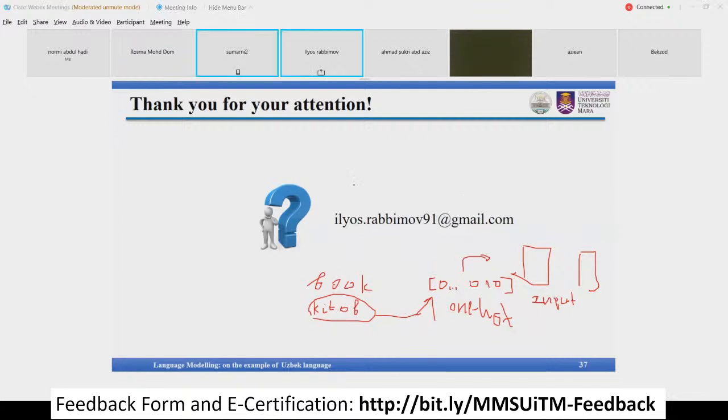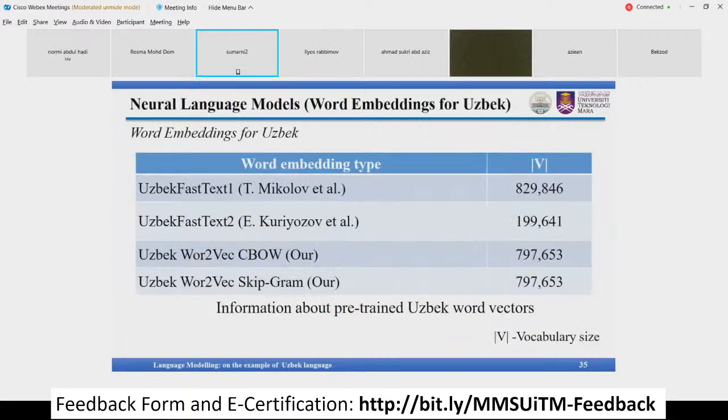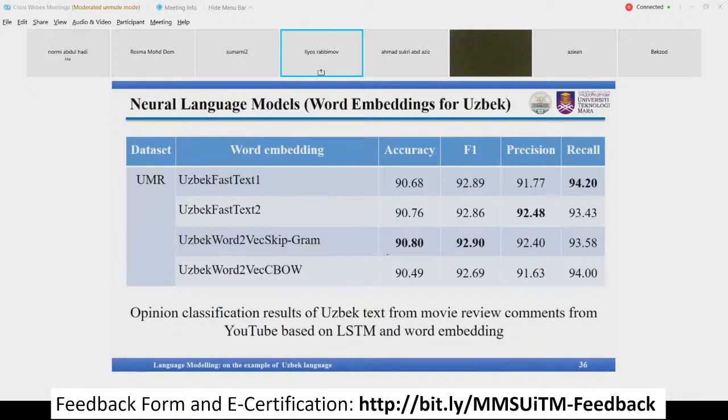Dr. Ilyos, I just want to double-check with you: what you have produced is Uzbek Word2Vec using skipgram? That one is the best if you compare with the Mikolov research, isn't it? Just now you showed us the accuracy of the word embedding using Uzbek Word2Vec skipgram.